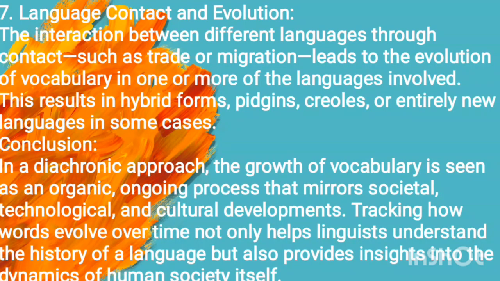Then cultural and social change bring new vocabulary. After that, old words fade when they are no longer useful. Then language contact leads to hybrid languages and new word formation. By studying vocabulary diachronically, we gain a deeper understanding of how human history and languages are interconnected.